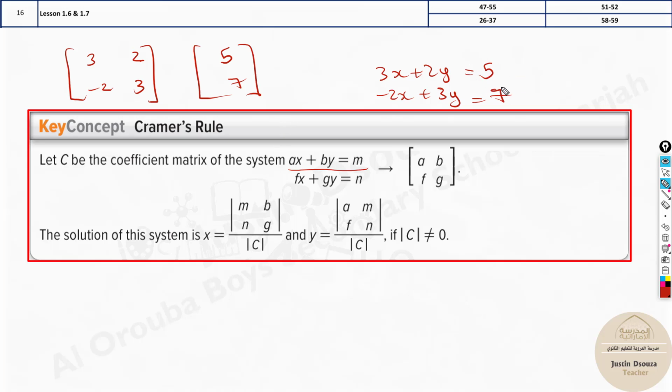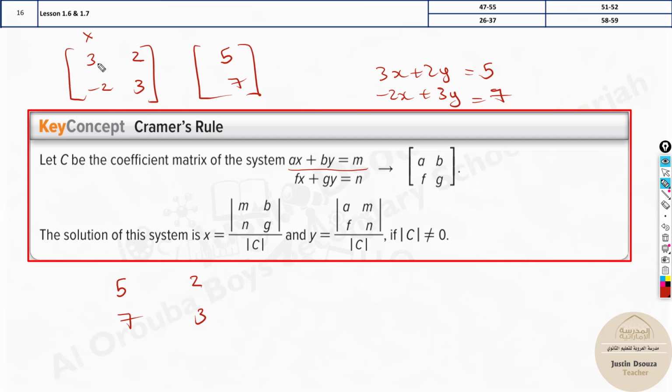It can be given other terms as well. Whatever is on the right side of the equal sign, write it over here, and the coefficients are written over here. Now Cramer's rule states that if you want to find the value of x, these are matrices, so we can't put that equal to. What we need to do is replace this column with the results 5 and 7, and the remaining 2 and 3 remain the same.